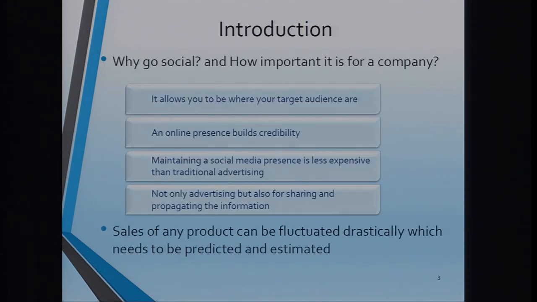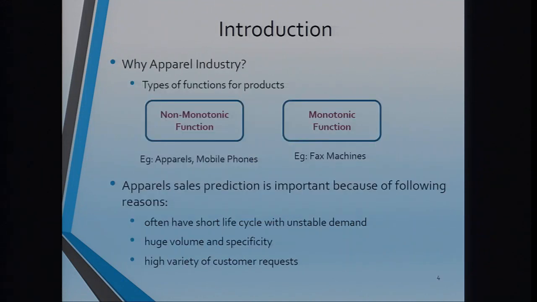Based on the sessions before, we all know why we need to go social. The main point I focus on here is that it will not only help for advertising, it will also help for propagating the information. So why I choose the apparel industry is it comes under these non-monotonic products.